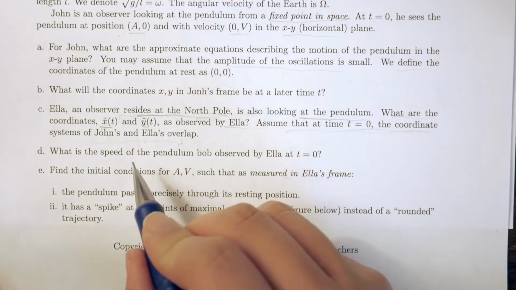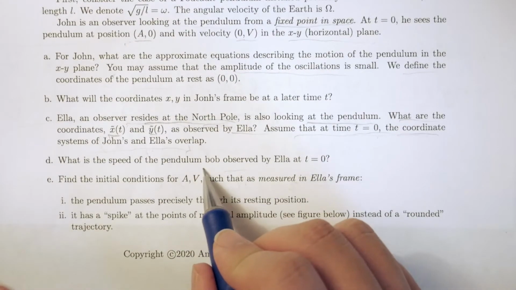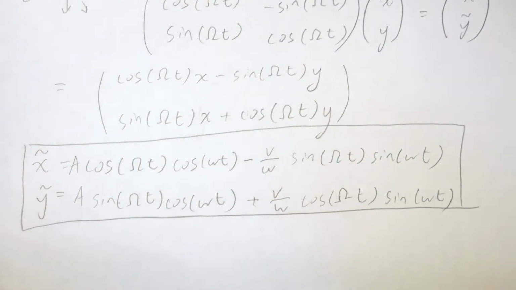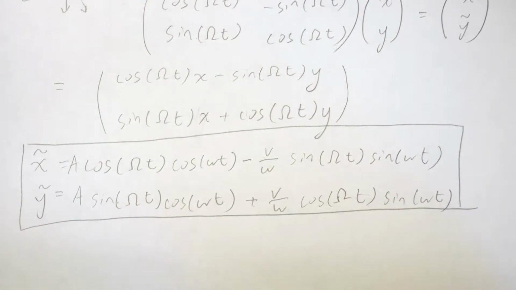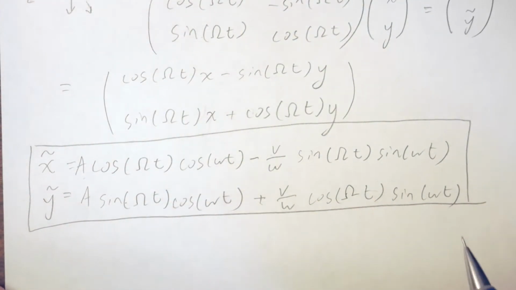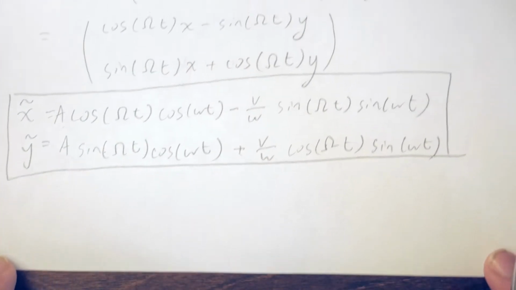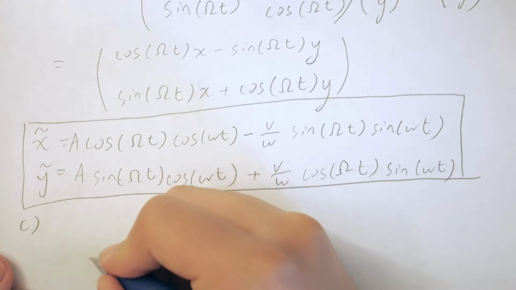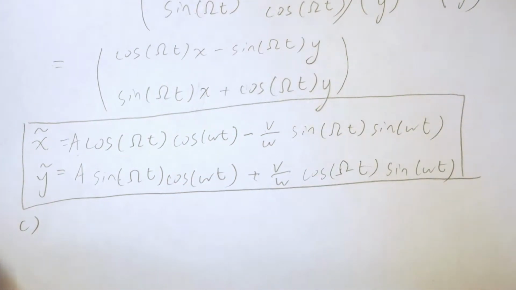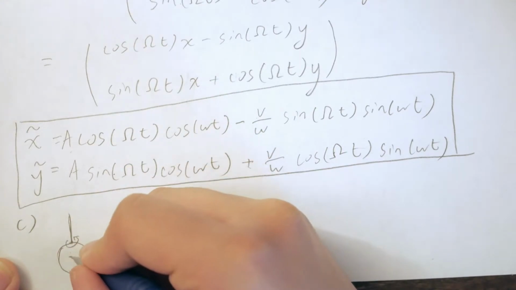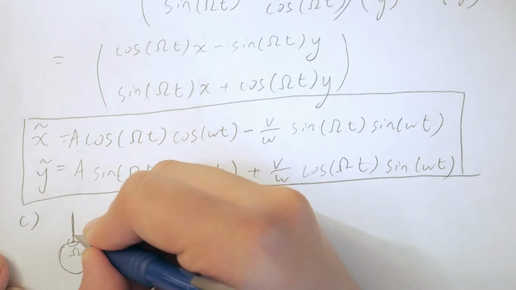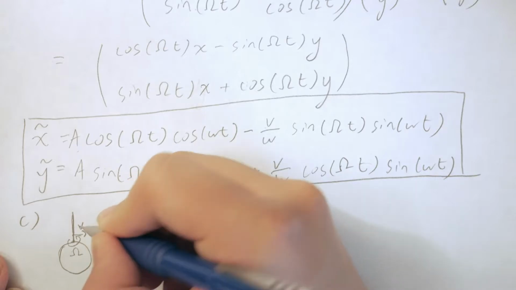Now part D asks us to find the initial speed of the pendulum observed by Ella. So since we know the coordinates x and y in Ella's frame, we could technically take a derivative of these equations and then use the Pythagorean theorem, but as you can see, that would be extremely tedious. So we could just try to use logic. So first we know that Earth rotates with an upward angular velocity, and the pendulum also starts with an initially positive v.